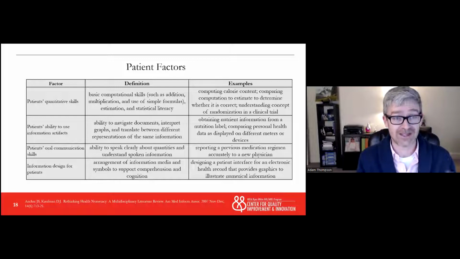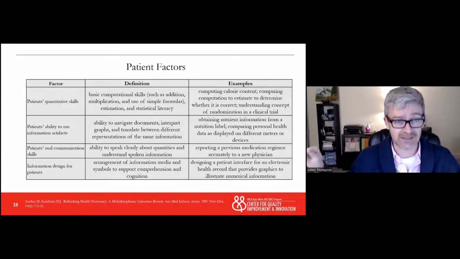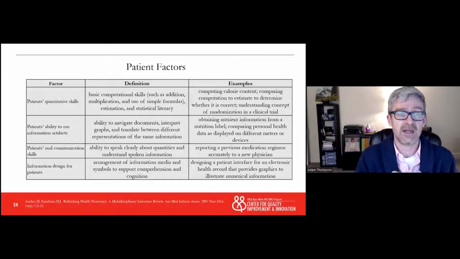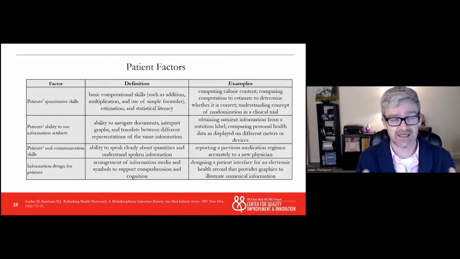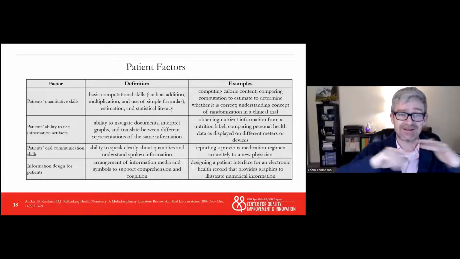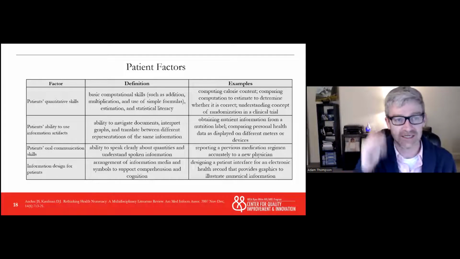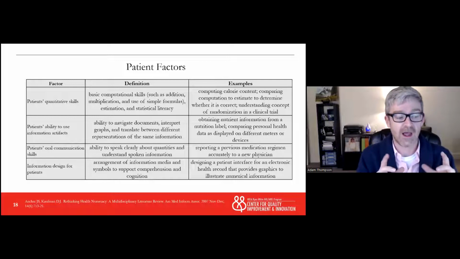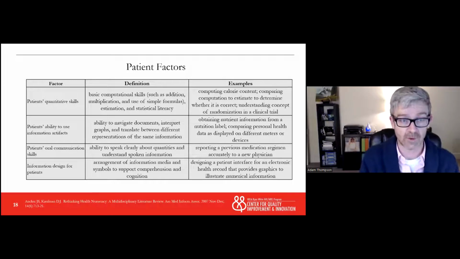Everybody scored low because the United States has a very low level of health numeracy. So if you pick up a numeracy assessment tool and you find that your patient population is grossly limited in their health numeracy, don't think the tool is wrong. Think that that's a place you've got to do a lot of work.